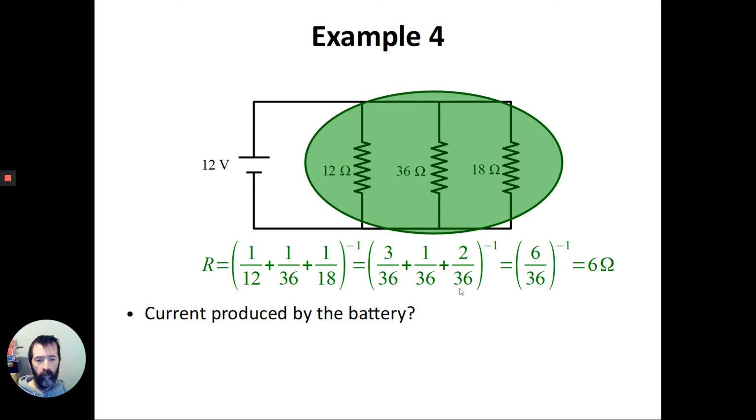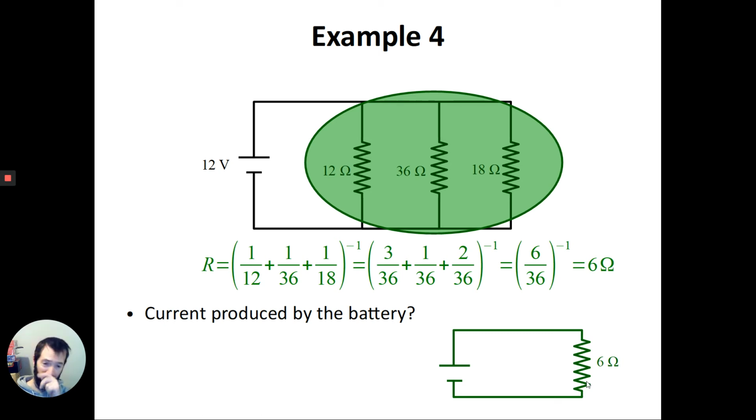So I'll put all of them over 36. It's 6 over 36, to the -1, which is 6. So again, that's not the answer. That only tells me that the circuit effectively looks like this. I could replace this whole thing with just a single 6 ohm resistor.